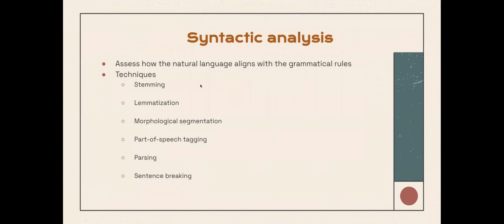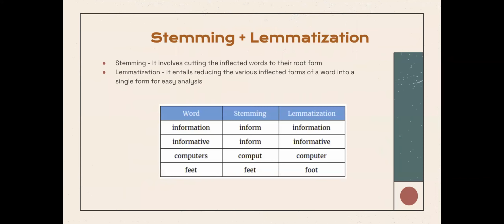For syntactic analysis, we have these few techniques, and it's to see how the natural language aligns with the grammatical rules that we assign it. Under stemming and lemmatization, it's to find the base form of the word. For instance, information stems from the word inform, and we are trying to break it down into the base form of the word that we're seeing.